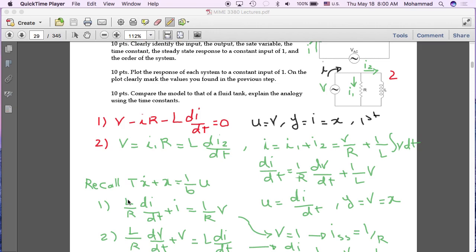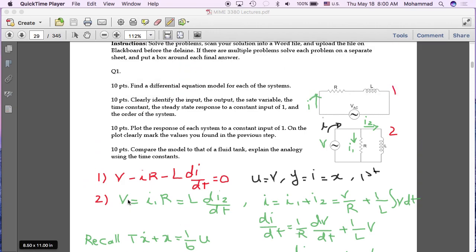So our goal is to start from looking at each of the circuits and arrive at an equation that looks like that. If you look at the first system, what I've highlighted as number one, this is a source of voltage in series with a resistance and an inductor or inductance. Following Kirchhoff's voltage law, this is a closed circuit.